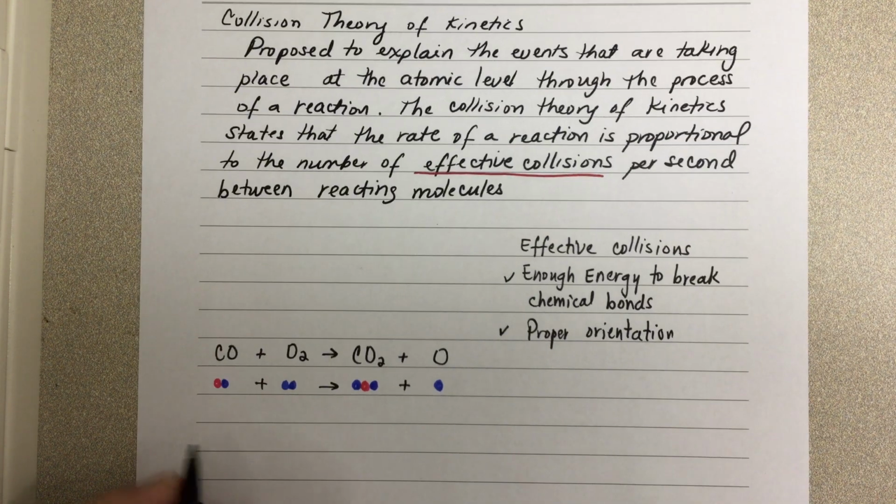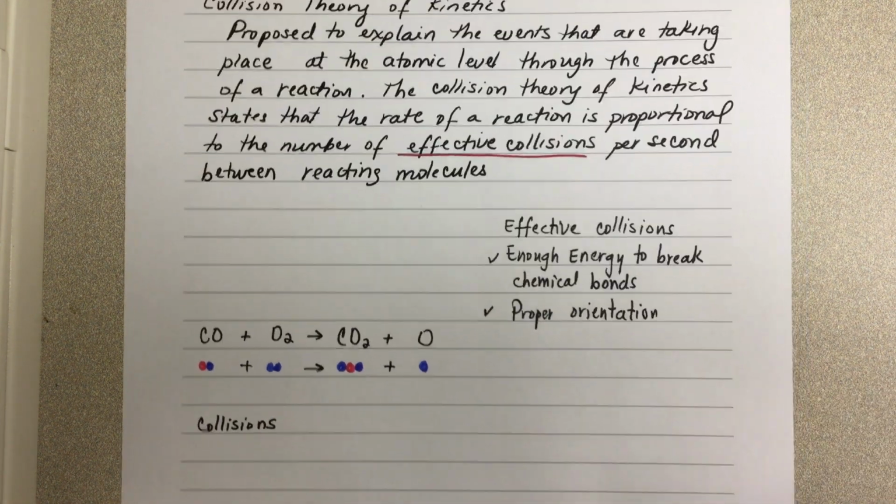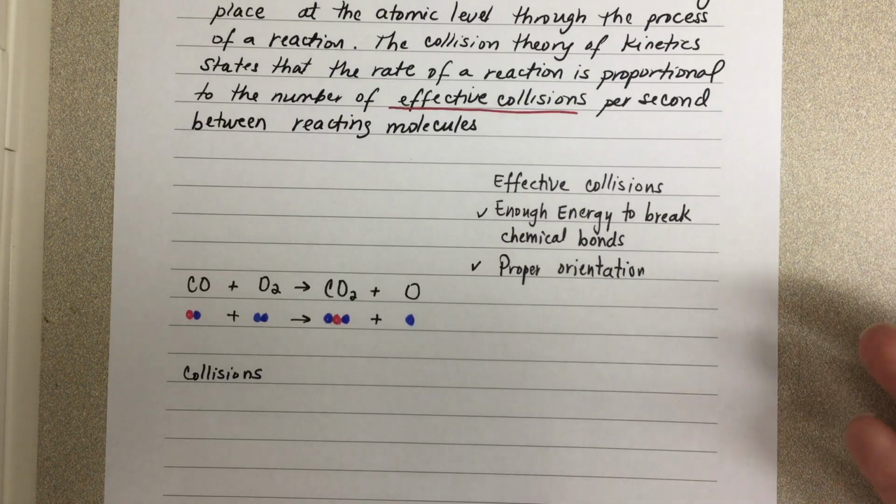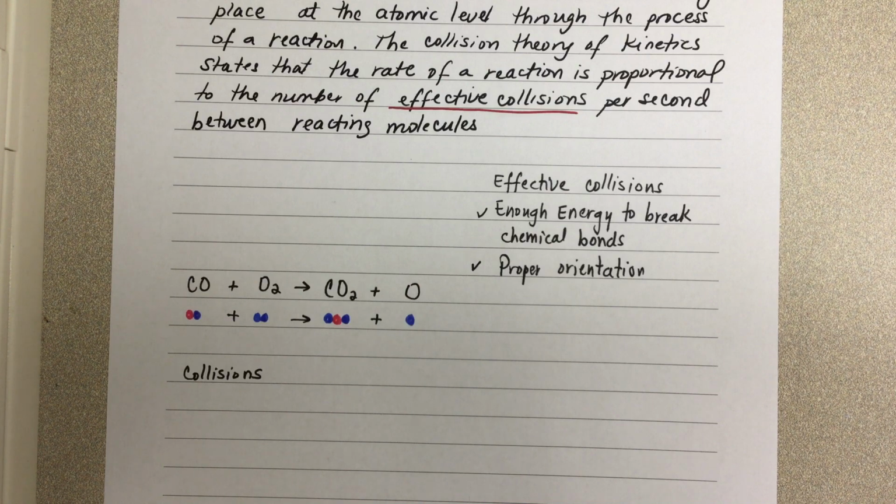So we have possible collisions, and I'm going to do just one example of something that is not going to work out, and then one example of something that has a proper orientation and will give you an effective collision if you have enough energy.